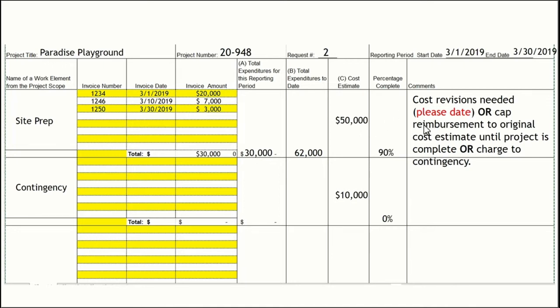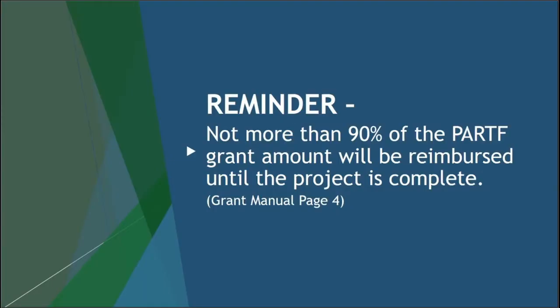If you exceed more than 10% of your cost estimates, you can either submit revised cost estimates, or we can cap your reimbursement to the cost estimate that was submitted with the original application until the project is complete. Or you can charge some of that overage to contingency if contingency was built into your budget. And just a reminder, not more than 90% of the PARTF grant amount will be reimbursed until the project is complete.